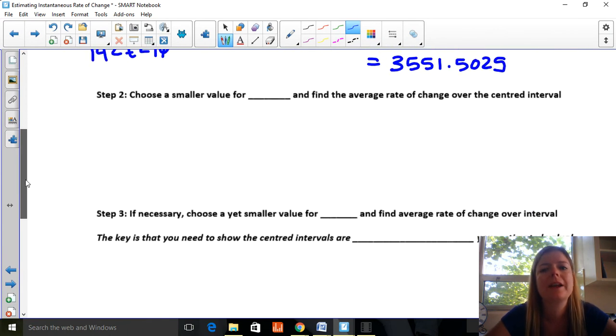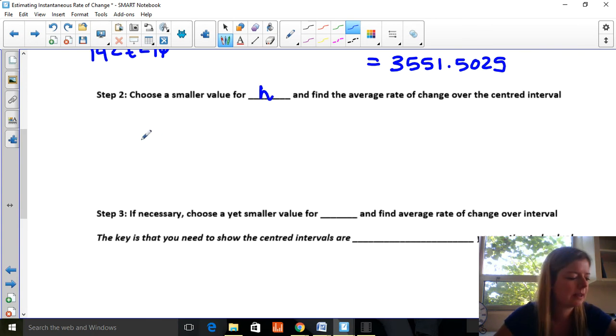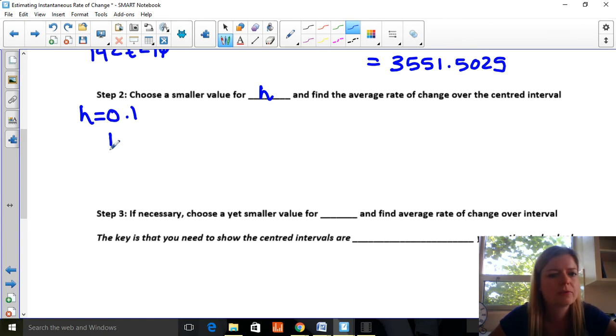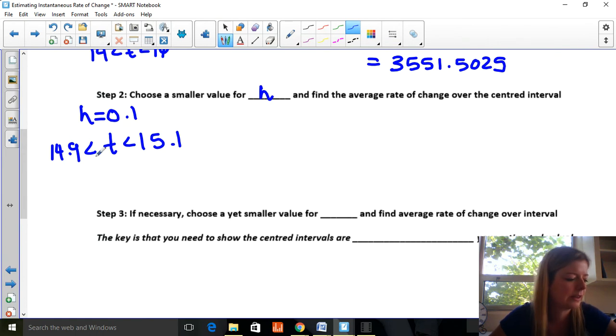And we're going to see what this is approaching. We're looking for this because does this mean that it's getting closer and closer to 3,550, or is it getting closer and closer to 3,555? We don't really know. So we need to check a few smaller values to see what this is approaching as we get closer and closer. So now we're going to choose an even smaller value of h, like 0.1. We're going to check the interval between 15.1 and 14.9. We added 0.1 on this side and subtracted 0.1 on this side.